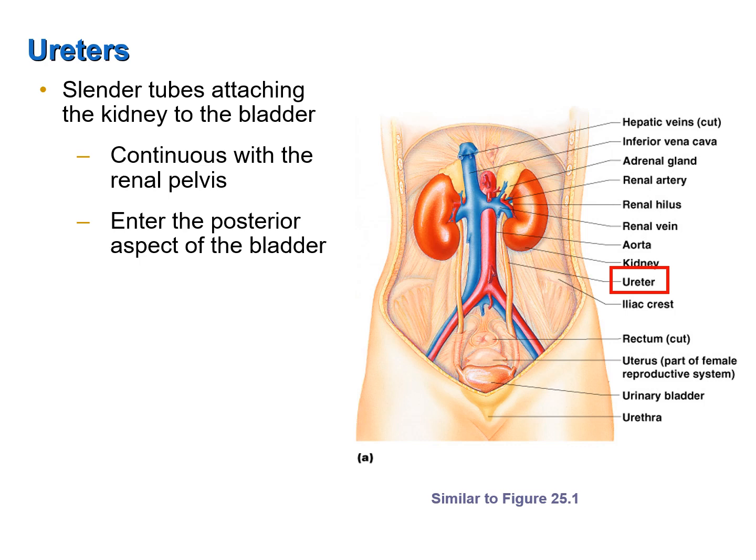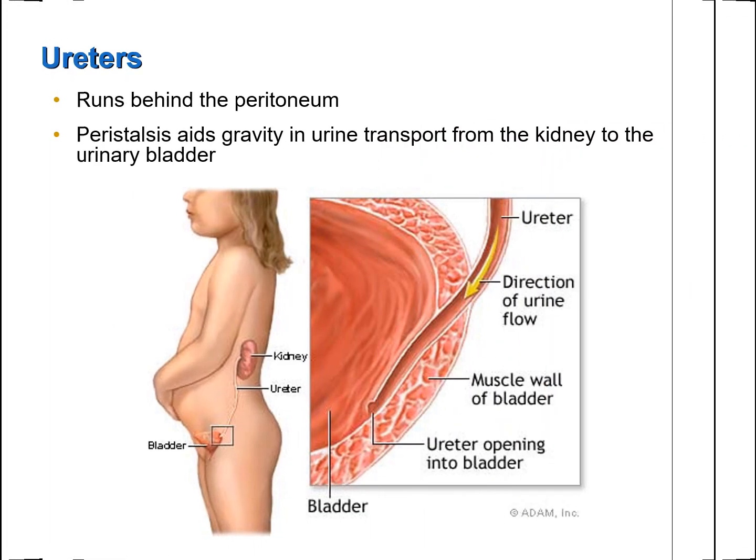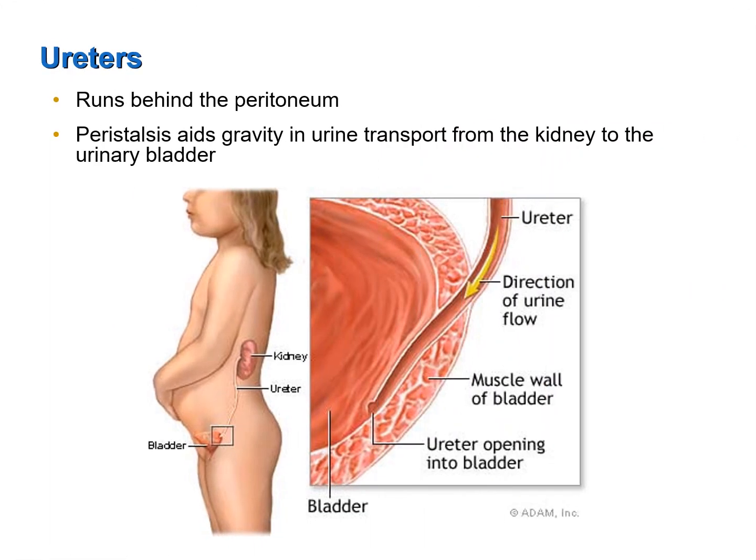Ureters are slender muscular tubes which extend from the renal pelvis of the kidney and enter the posterior side of the urinary bladder. The ureters run behind the peritoneum, where they make a connection with the posterior aspect of the bladder.